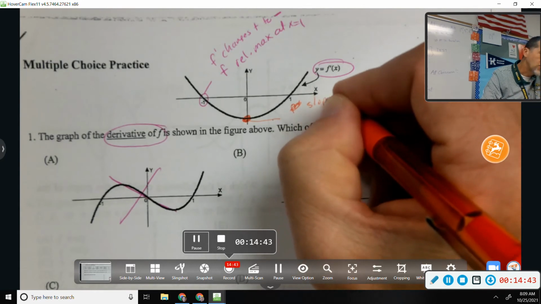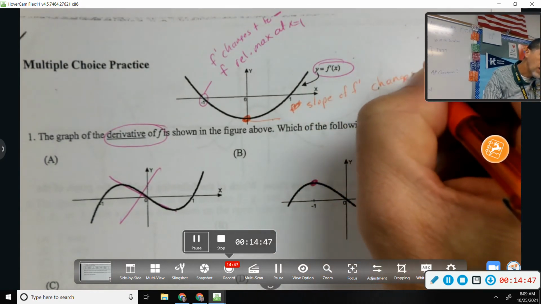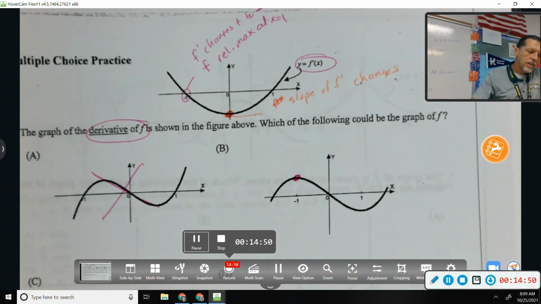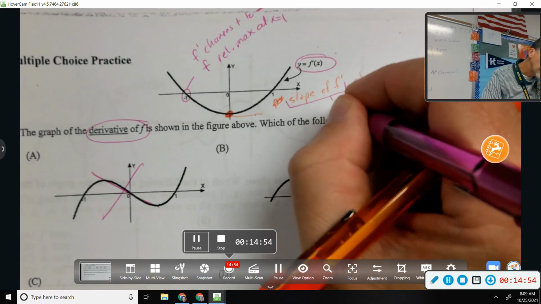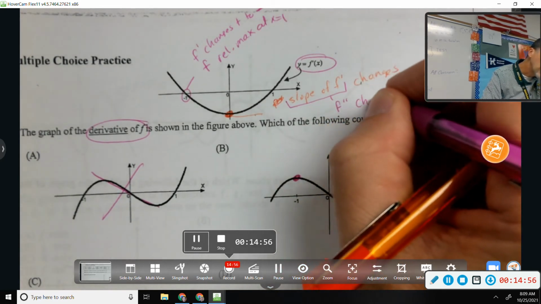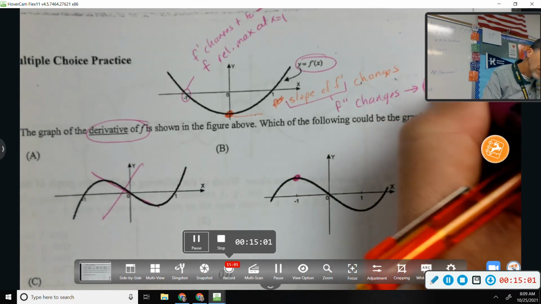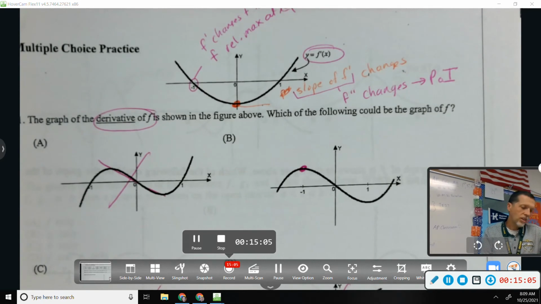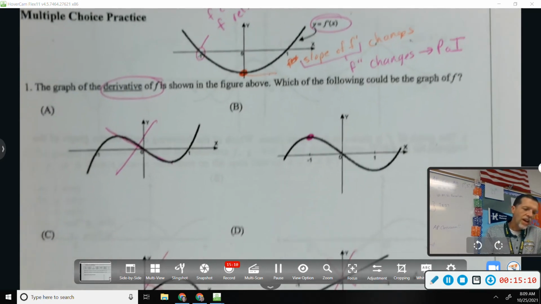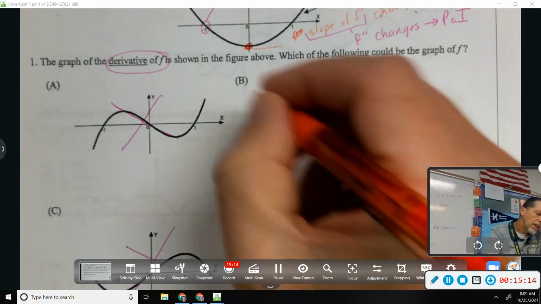The slope of f prime changes. And slope of f prime, that's f double prime. And if f double prime changes, yeah, that's a change in concavity. That's a point of inflection. So at 0, there should be a point of inflection, and that fits for B as well. That looks like a point of inflection.